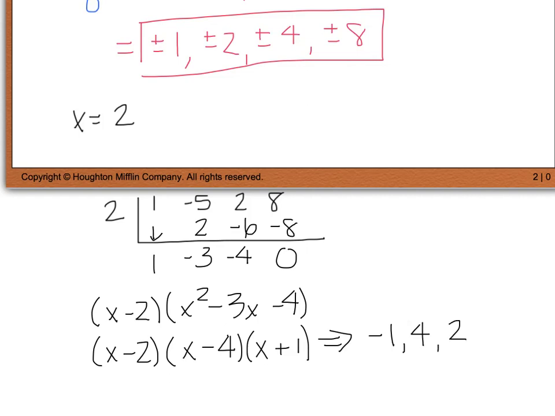And if you come back up here to your list, you'll see that your -1 fell within this, your +2 fell within this range, and your +4 fell within this range. So the only number that we truly didn't use was the 8.